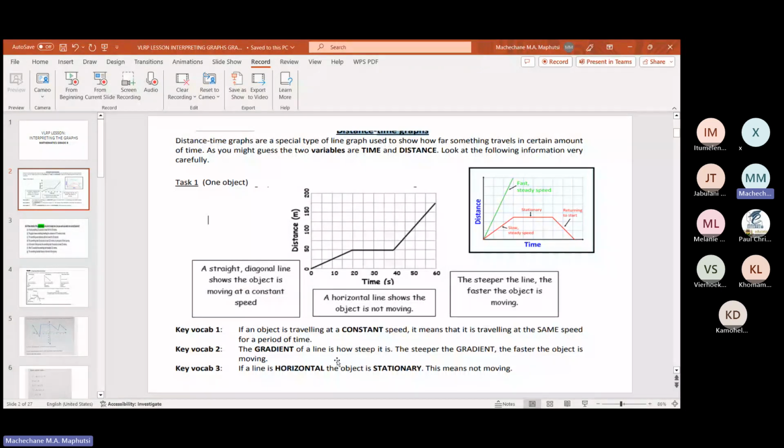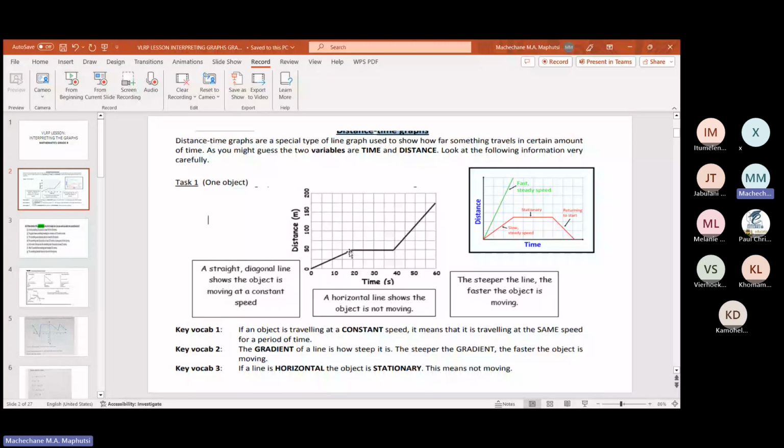So now, vocabulary number 1. If an object is traveling at a constant speed, it means that it is traveling at the same speed. Where do we see that? We see that from 0 to 60. Fine. But now, the gradient: as you can see, we have different gradients.